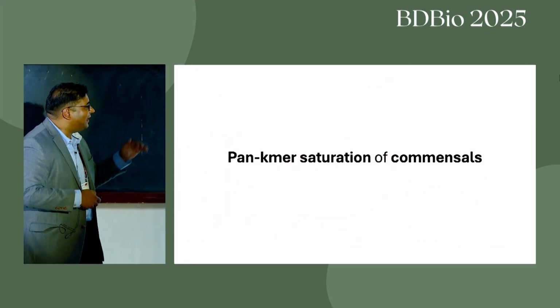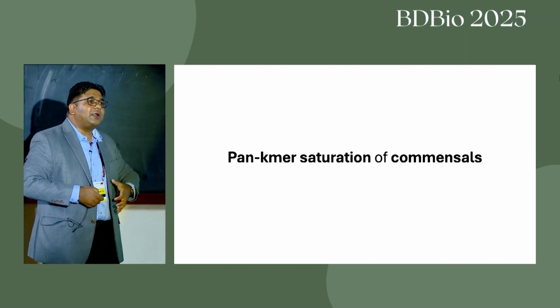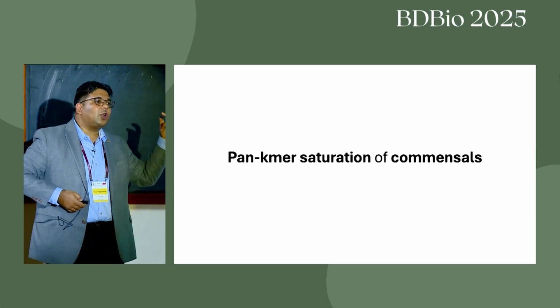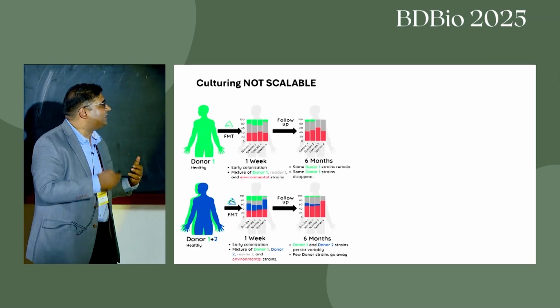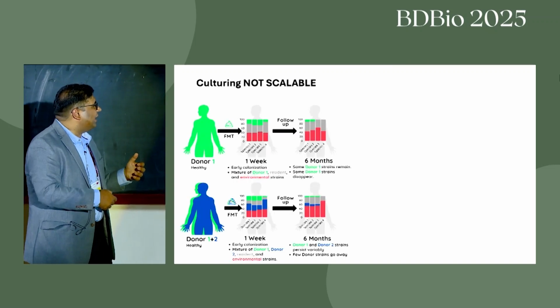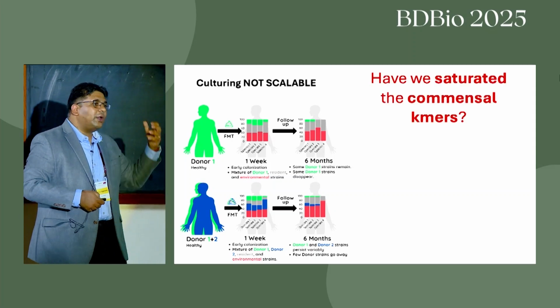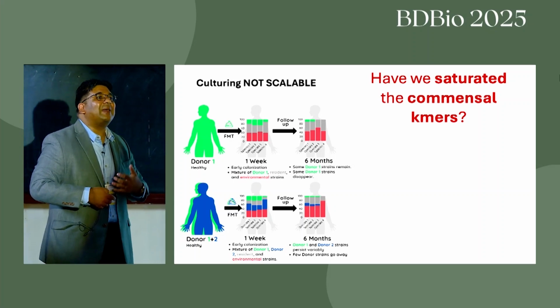Let me come to the main thing that we are doing now in the lab. A lot of these results were dependent upon culturing, right? However, culturing cannot be done on historical data, it is expensive, and you cannot culture every sample. And if you have more donors, it's very difficult to tell them apart. So here we had this idea: have we saturated the space of commensal K-mers?